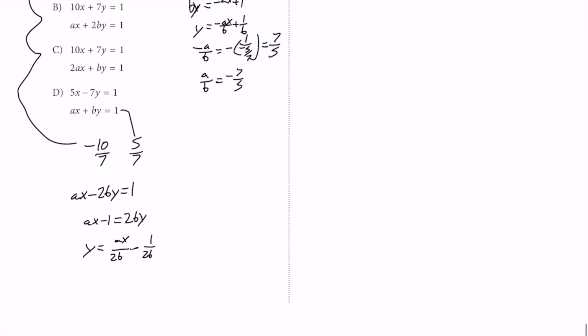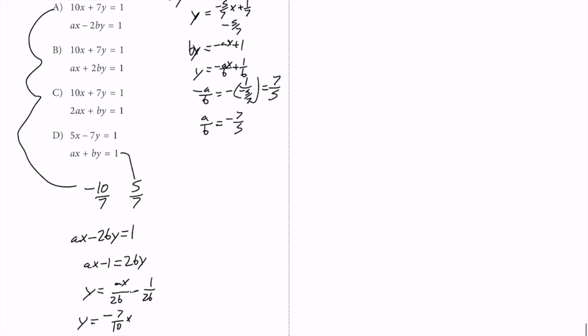So here, when we plug in -7 over 5 for a over b, we get y equals -7 over 10 x as the slope, which is incorrect because we would be looking, in this case, for +7 over 10. So that's wrong.